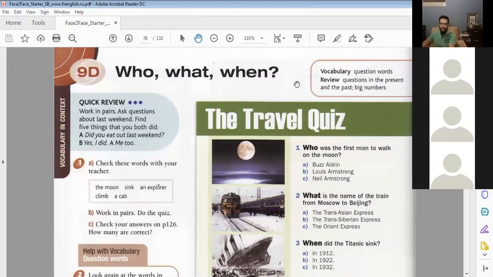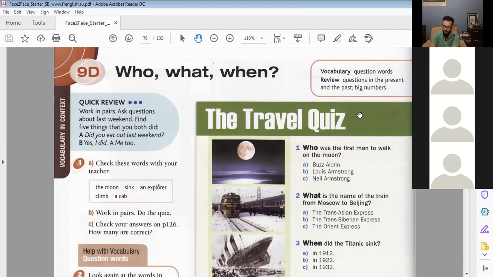All right. So in this lesson, we are going to talk a little bit about question words. Do you know the question words? Can you give me examples of question words? What, where? Yes. Where, when, why, who, how.